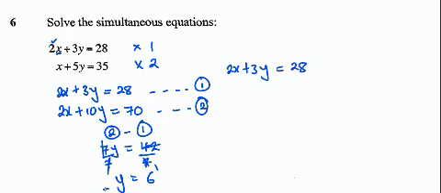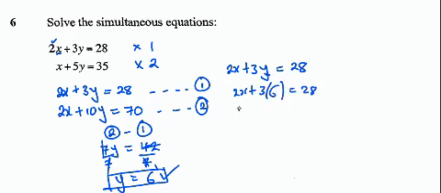Sorry, I'm substituting y, not x. My y is 6, so where there is y, I'm going to put 6. So it's 2x plus 3 times 6, that's 18, equal to 28.